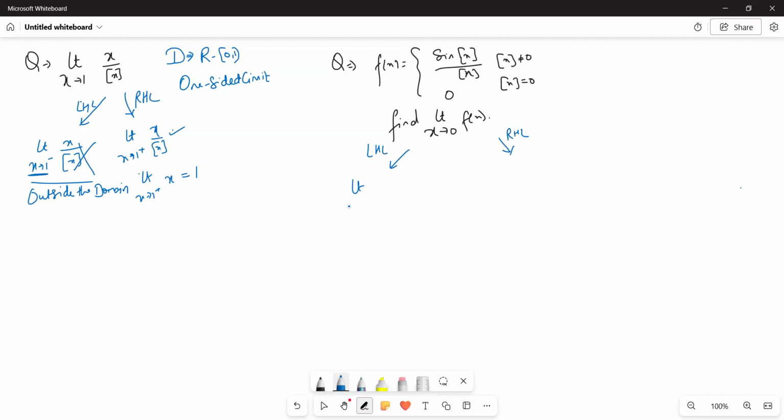So LHL would be limit x tending to 0 minus fx, and RHL would obviously be limit x tending to 0 plus fx. Can anyone tell me what should we write fx as for the left-hand limit?